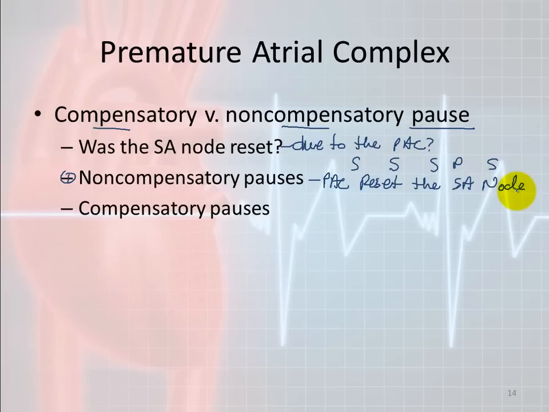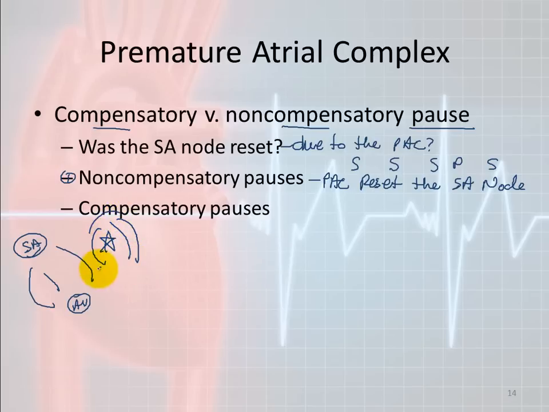the SA node. Now what that means is, if you have your SA node, I'm going to put your SA node up here, and I'm going to put your AV node down here, and we're going to have our internodal pathways. Now in a non-compensatory pause, let's say you had a PAC that occurred right here. The wave of depolarization from the PACs will still travel out and depolarize the entire atria, both atria.